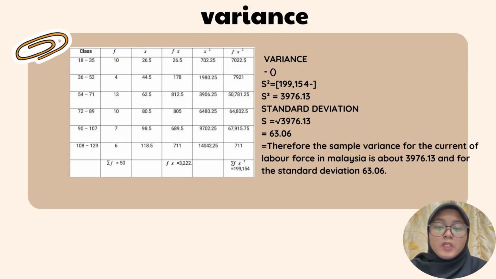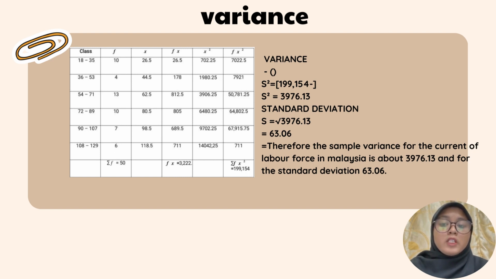For variance, S squared equal 1 divided by n minus 1, open bracket summation fx squared minus open bracket summation fx close bracket squared divided by n close bracket. S squared equal 1 divided by 15 minus 1, open bracket 199,154 minus open bracket 3222 close bracket squared divided by 15 close bracket.